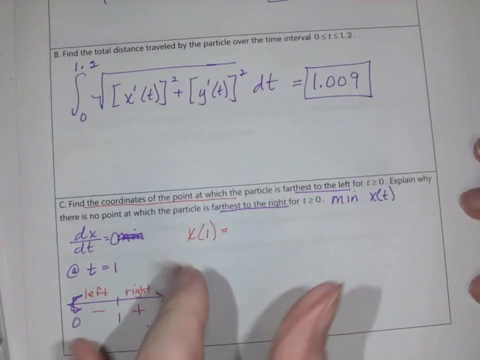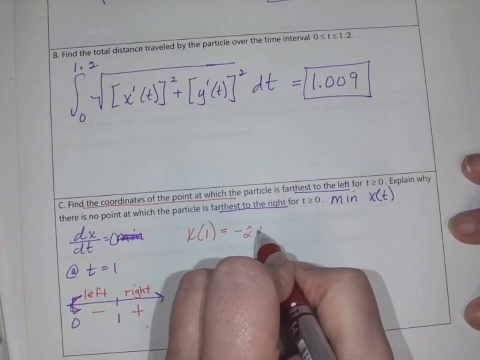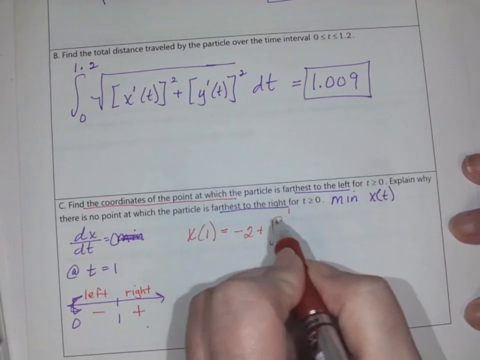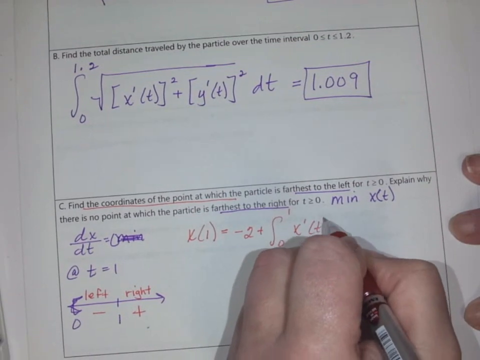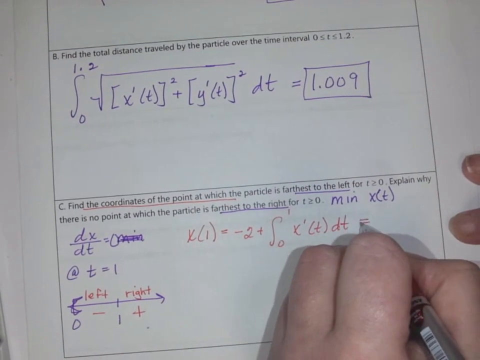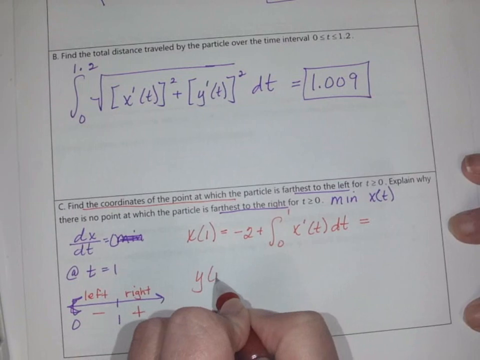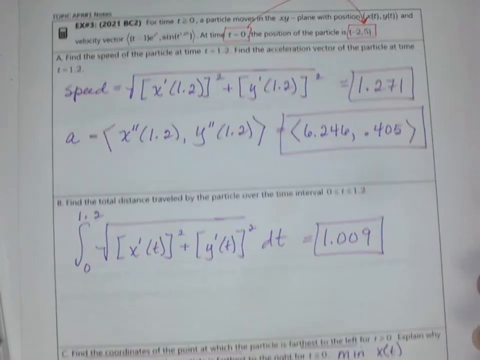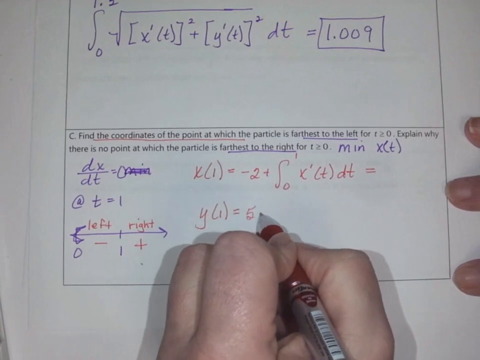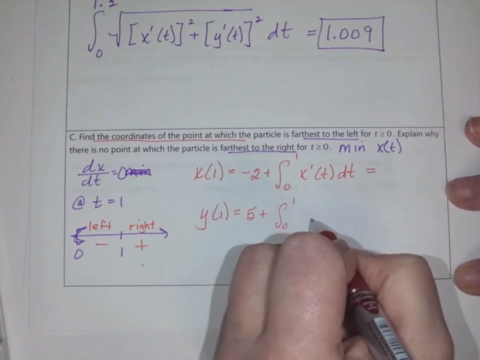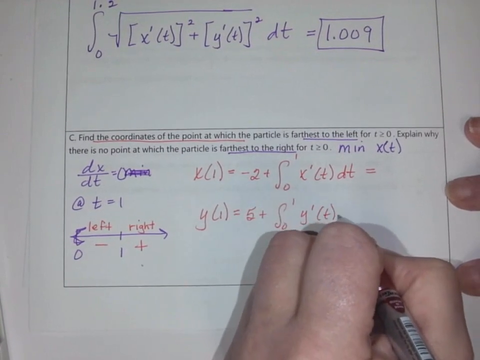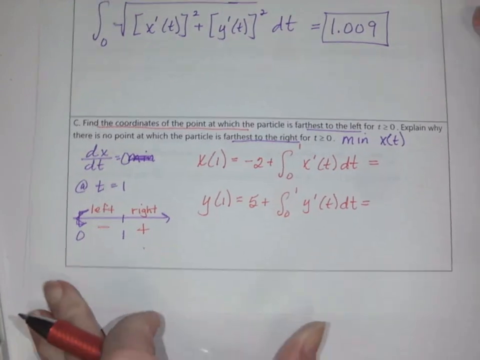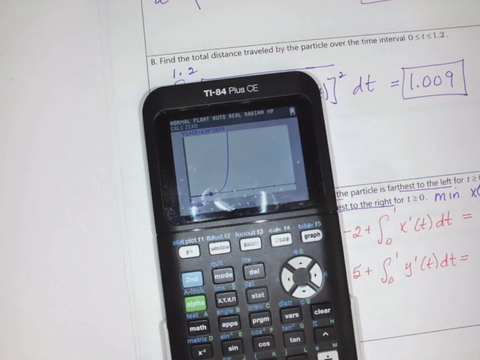So -2 plus the integral from 0 to 1 of x prime of t dt. And then y of 1, I'll go ahead and set it up, is going to be the y position at 0, which is 5, plus the integral from 0 to 1 of y prime of t dt. Now I just have to go find those.